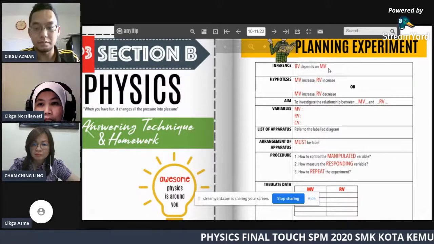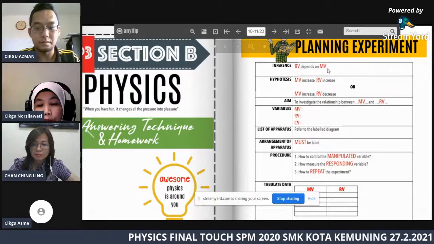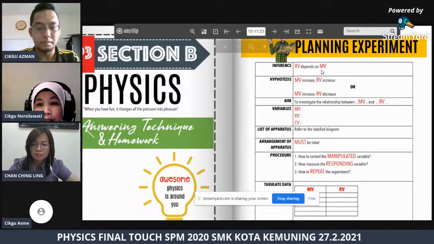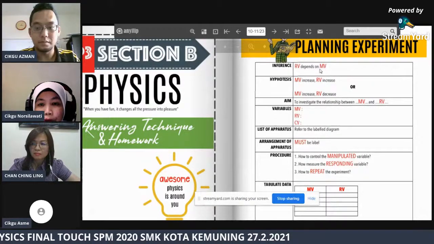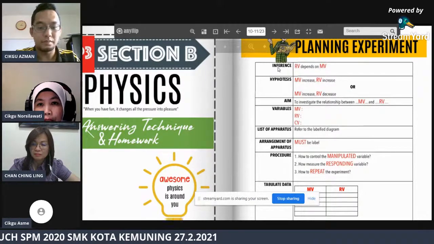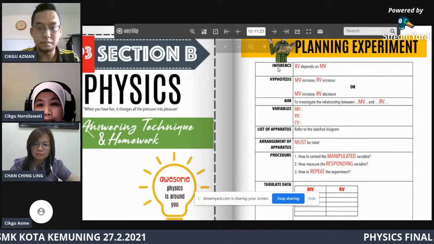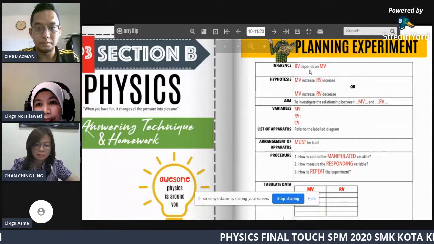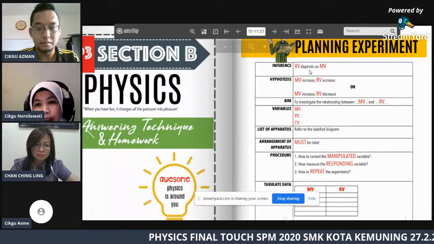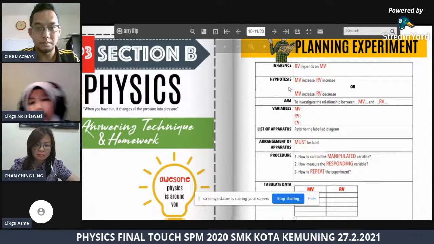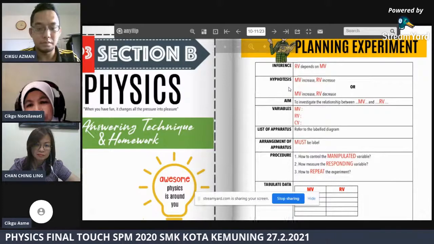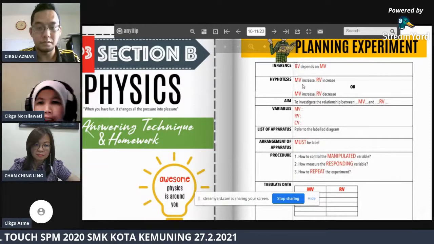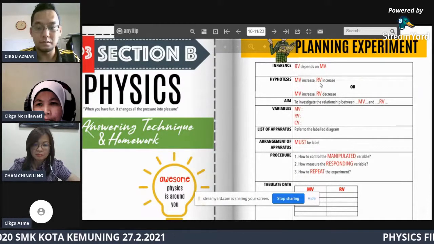One way to memorize this, I already taught you during Form 4 how to write inference. You have the word F here, F for affects. So MV affects RV. And then hypothesis: as MV increases, RV increases.